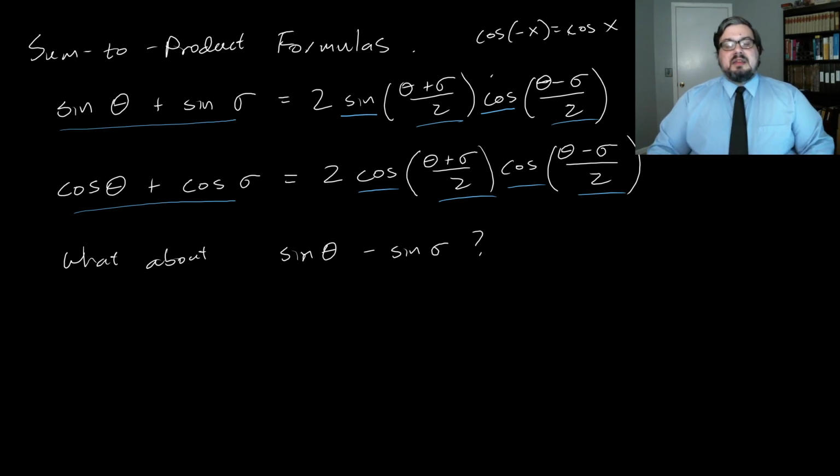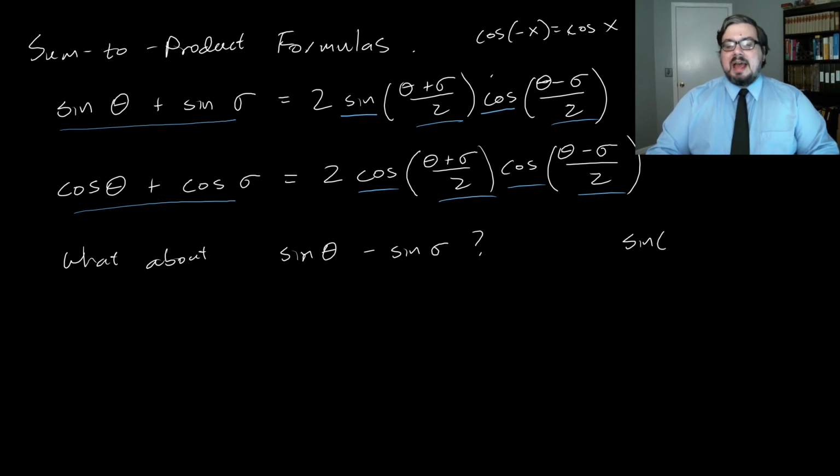Now, the book lists out two more sum-to-product formulas involving the differences, but I find that more trouble than it's worth. I find it better to just memorize these sum formulas like we have here and handle differences by remembering how the sine and cosine functions interact with negatives, as I mentioned up above.